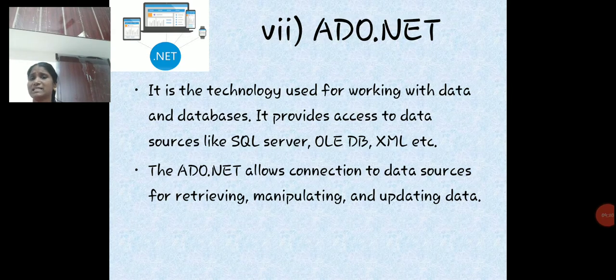Actually, XML acts as a data carrier. In XML, we can have personalized tags or elements. So, whichever data we want to carry, in the same name we can create elements, and that is how we carry data from one page to another page. That is how XML is used. And ADO.NET allows us to retrieve, manipulate and update data from the data sources.